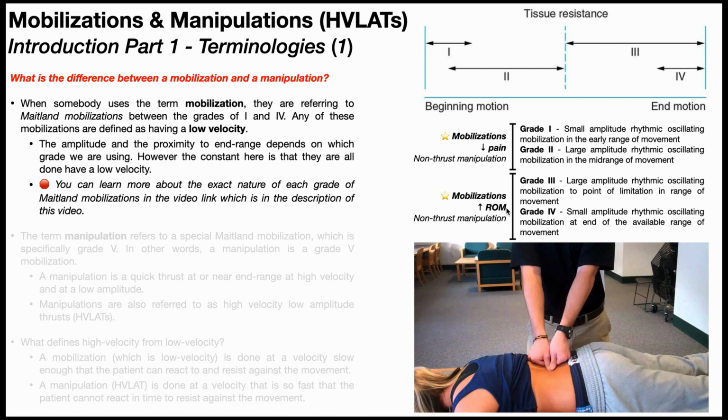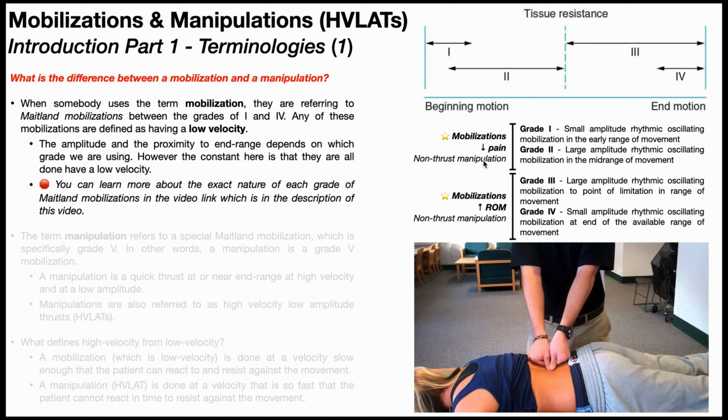Now, one important thing: in the literature, when somebody is talking about grades 1, 2, 3, or 4 mobilizations, they are sometimes referred to as non-thrust manipulations. Even though the term manipulation is in the phrase, these are not what most people are talking about when they say manipulation.